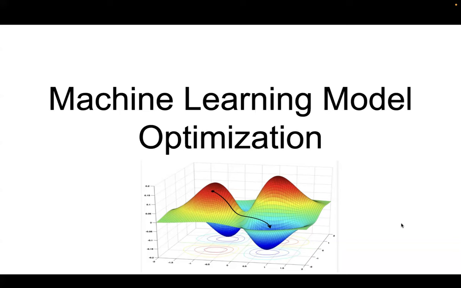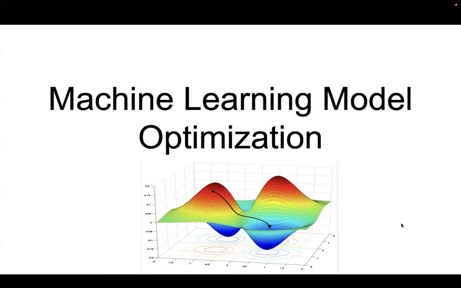The model is the one responsible for performing the task for which you're writing the code. It could be a classification, it could be a regression, any machine learning thing that you're trying to do, it's the model that does it.